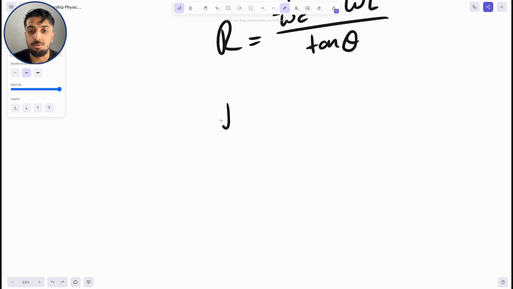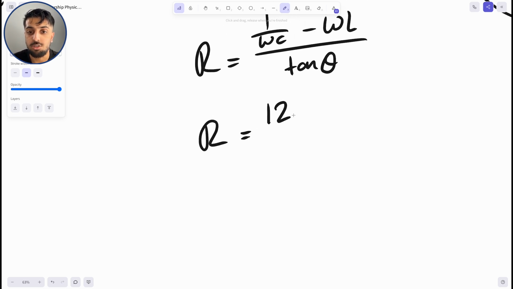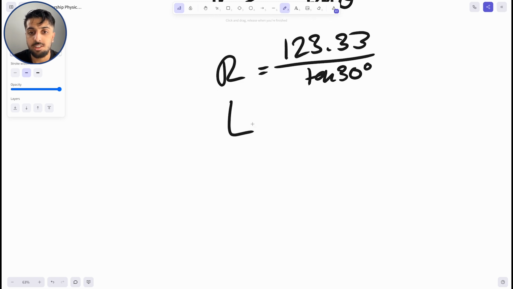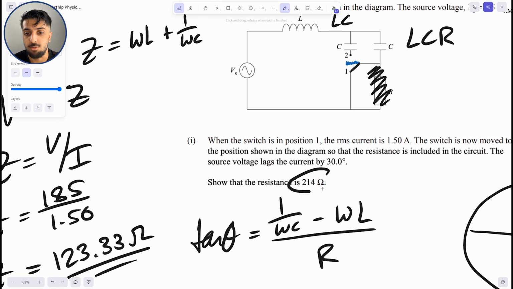And therefore our resistance is equal to 123.33 over tan 30 degrees, and this gives us a resistance of 214 ohms, which is the value that we're trying to find.